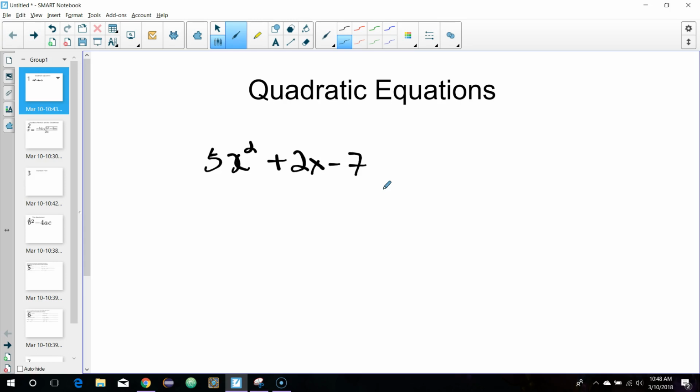An expression like this is what we call a quadratic equation. And it's not difficult to tell. The only thing that really stands out is this term, the x squared. Any expression that gives you the x squared term, or y squared or whatever square term, is what we call a quadratic equation. So this makes it a quadratic.